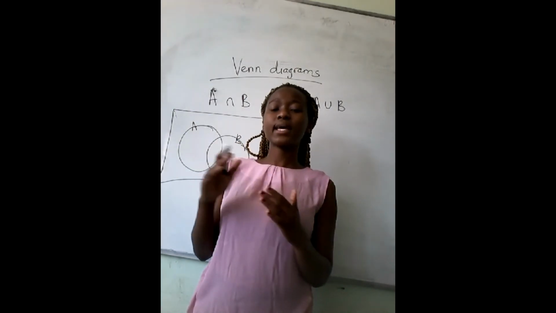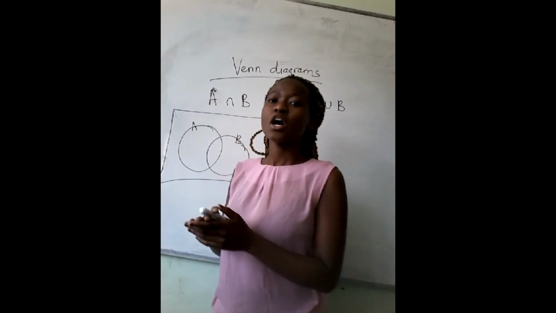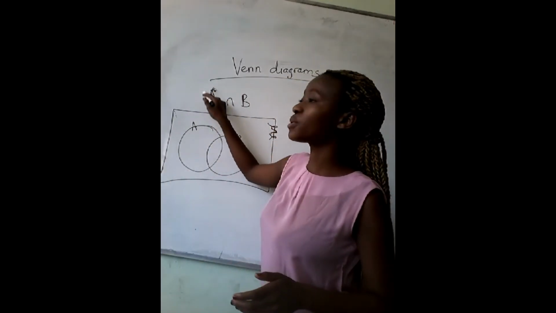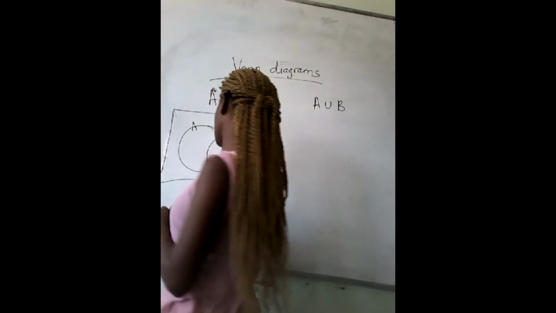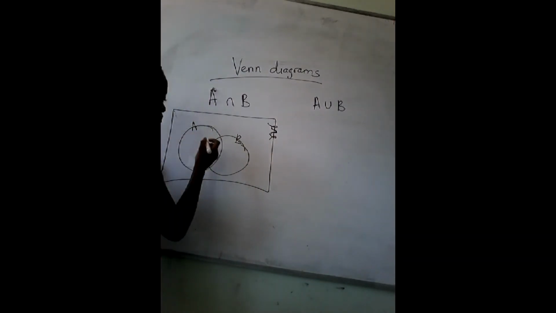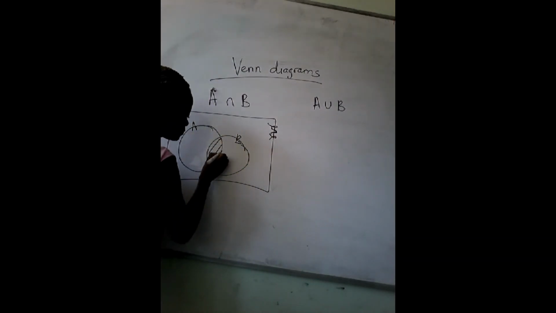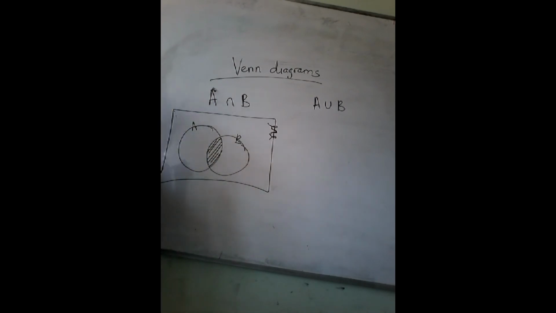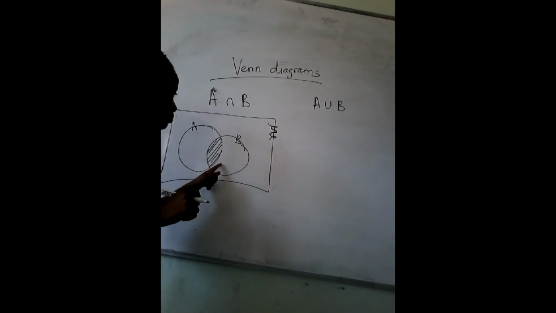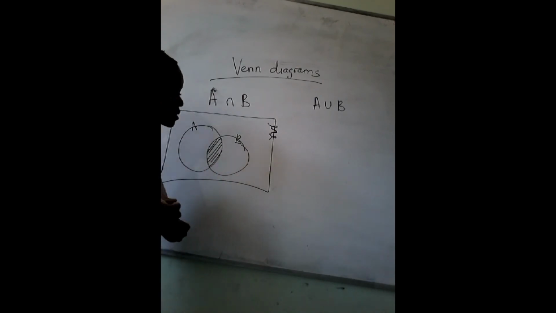In A intersection B, we have a common point for both the elements that will be intersecting, and this part is shown by the overlapping part. This part represents the A intersection B for the two sets.